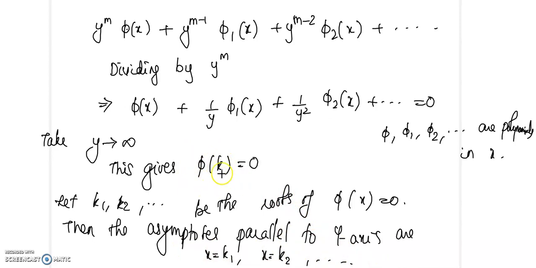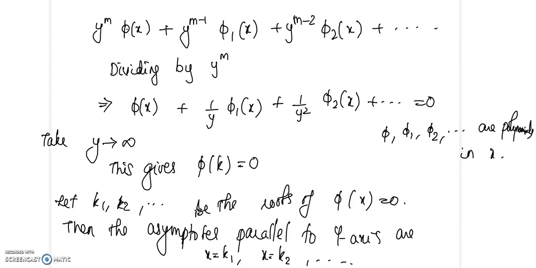There can be cases where, when we do this, our highest term, that is, the coefficient of the highest power of y, can be a constant. So phi of x can be constant, or when we solve phi of x equal to 0, the roots may not be real.